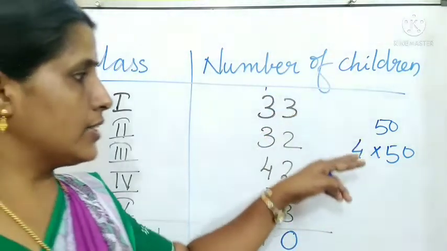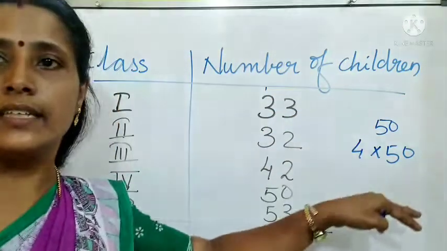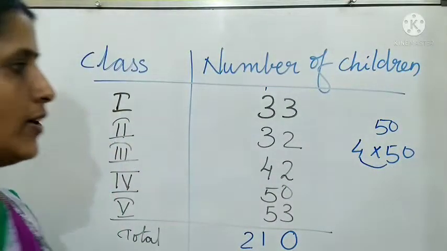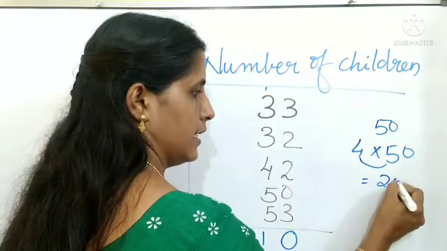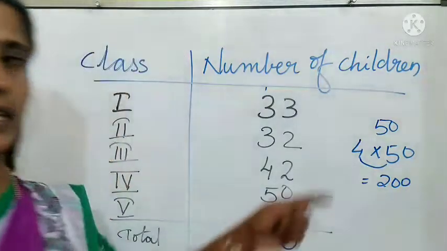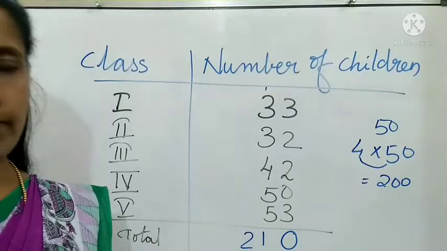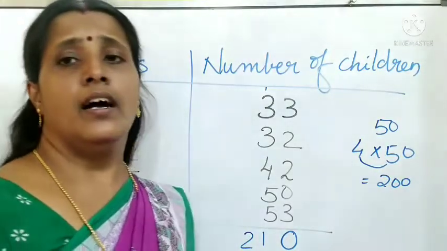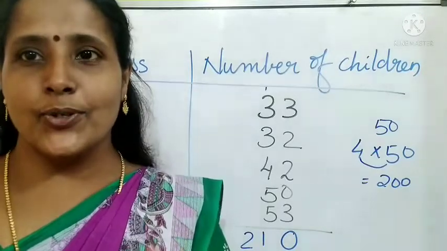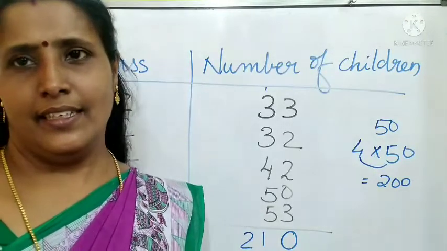We already have to learn what? Yes, without doing the calculation, how can we find out the answer? First, multiply the numbers. 4 fives are 20. How many zeros are there? One zero. We have to put it on the right extreme of the answer. So, in total, how many students can enter in 4 buses? Yes, 200 students.